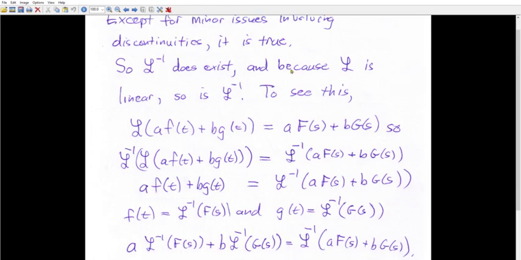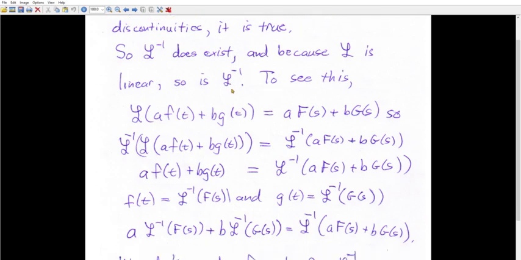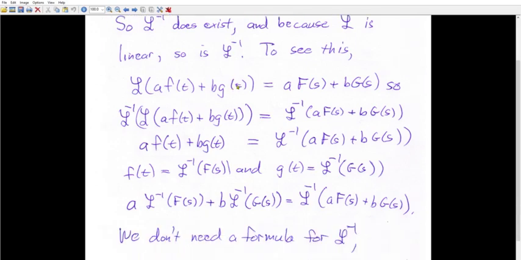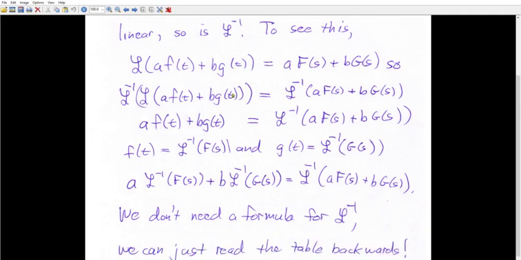And because L is linear, L inverse is going to turn out to be linear too. If you want to look at why that's true, we know the Laplace transform of a f of t plus b g of t is a cap F of s plus b cap G of s. We saw that last time. So if you take L inverse of both sides, L inverse of L is just going to be a f plus b g. L inverse of this is whatever it is.